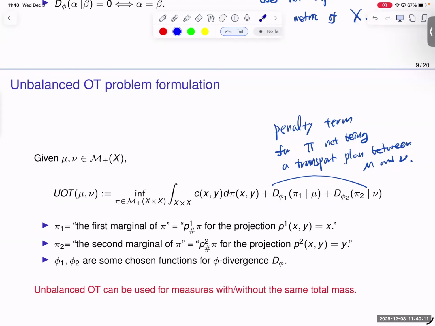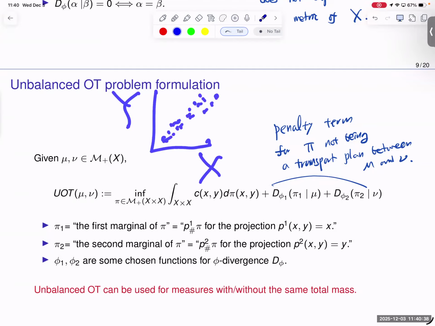Can you remind me, I just have a technical question about the mass of the marginals. If we have a measure on the product space, and we know the total mass of this pi, what can we say about the mass of the marginals? Maybe let me draw something. You have a product space X and Y. Transport plan is some kind of measure here.